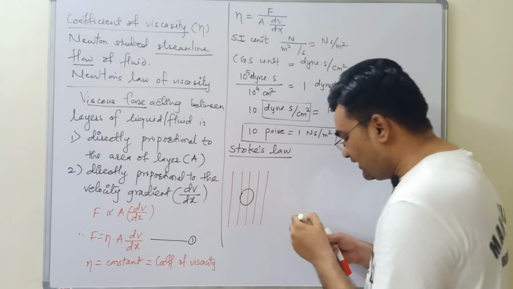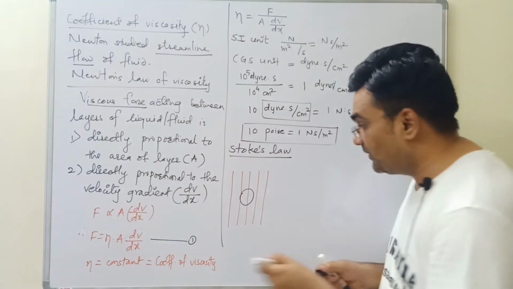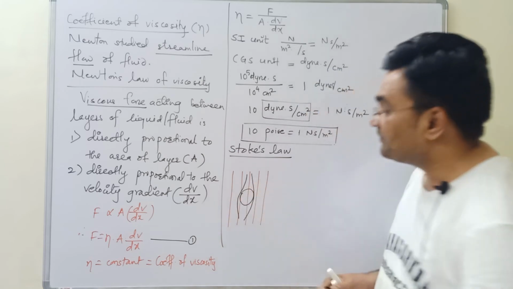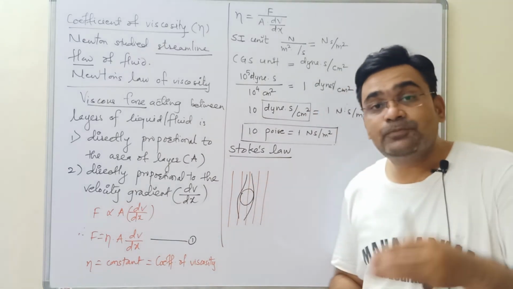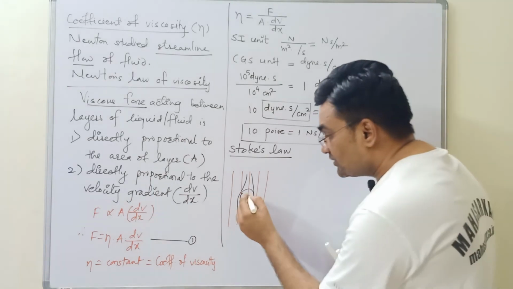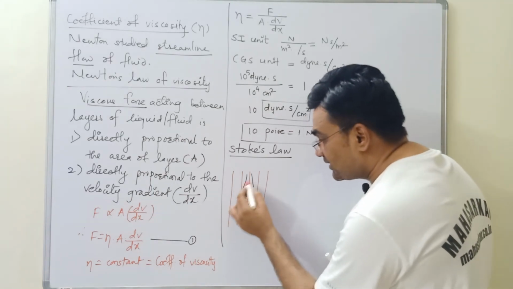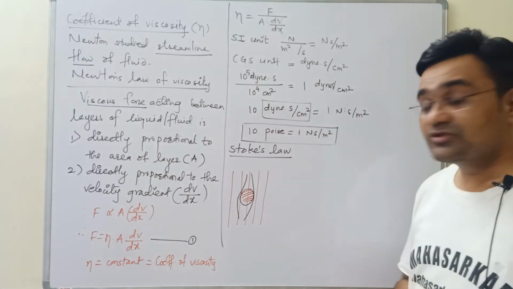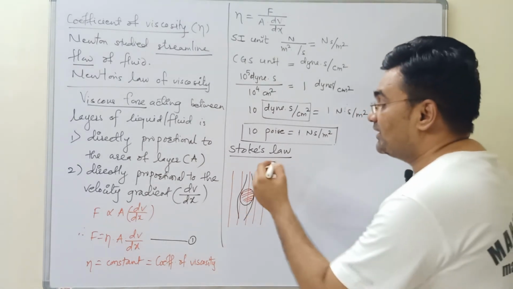So the layers which are close to that metal ball will oppose it like this. The force by which the metal ball is opposed by the corresponding layers depends upon certain factors, and those factors were studied by Stokes. So what is Stokes' law?